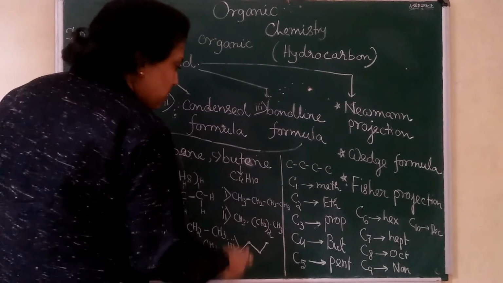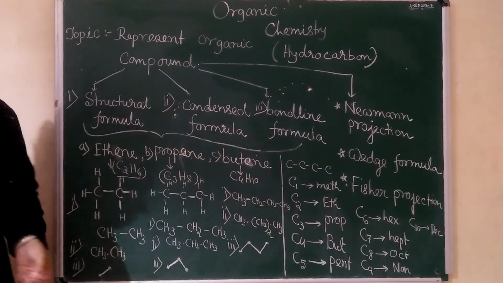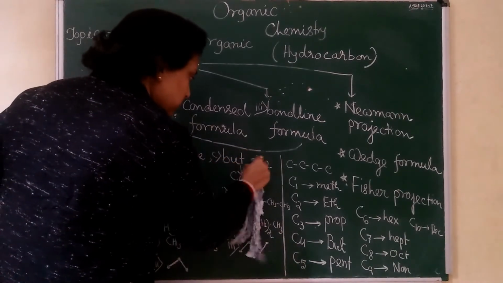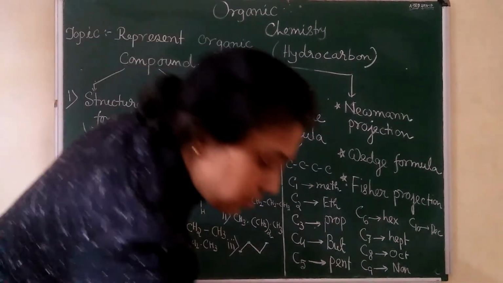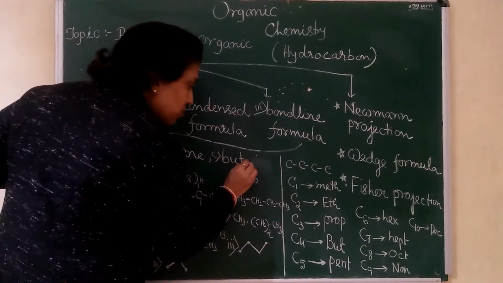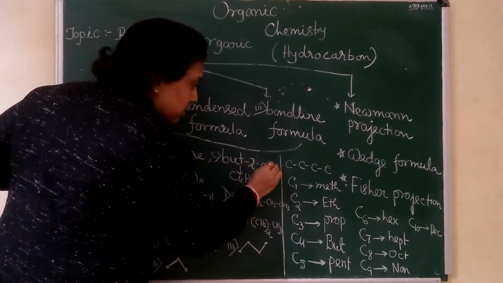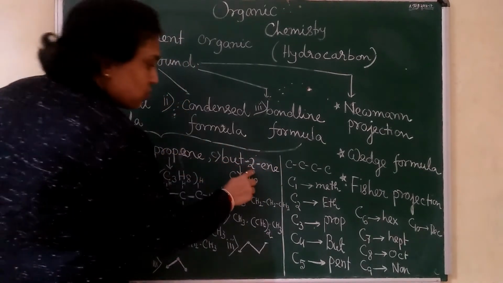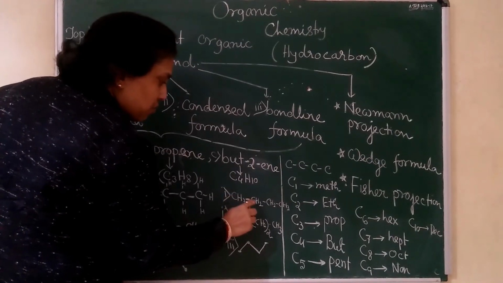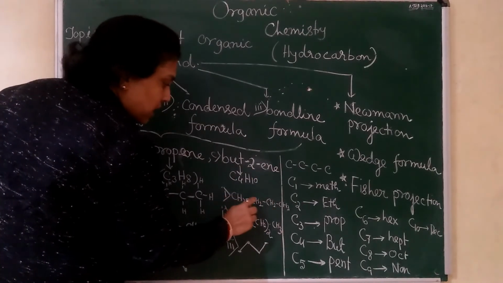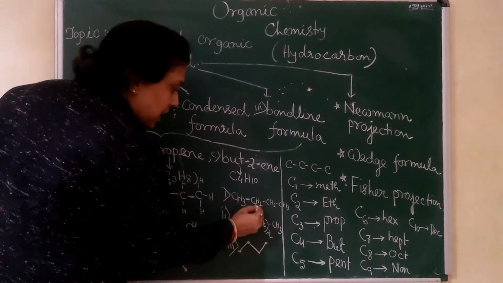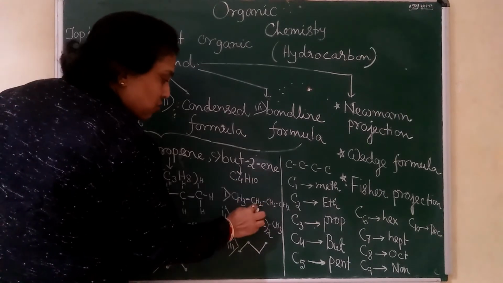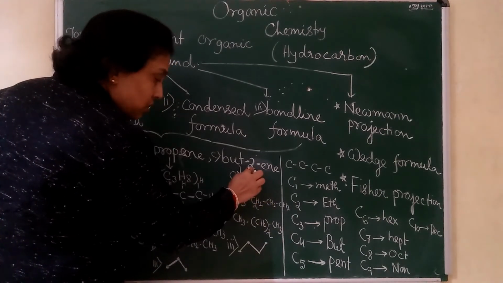So I will start with but-2-ene. 2-ene means the double bond should be represented in between carbon 2 and 3. If it is in between the first carbon and second carbon, then it is but-1-ene. If it is in between 2 and 3, then 2-ene.